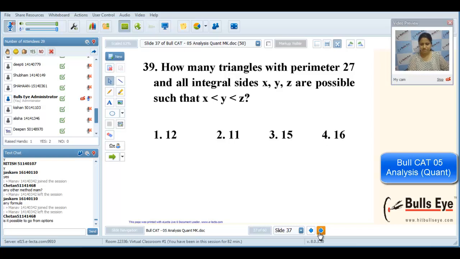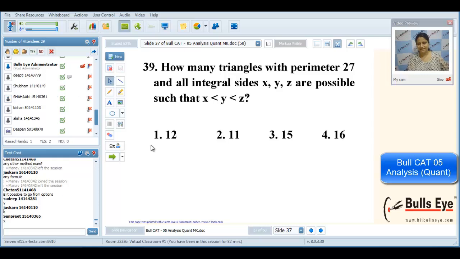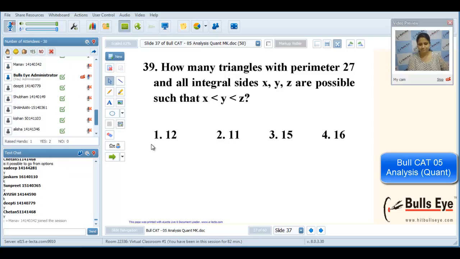Is it okay with you? Since the options are very close, 15, 16, 11, 12, I have to count this. Is it okay? Should I skip this sum? The most important property in this sum is the sum of any two sides should be greater than the third side.